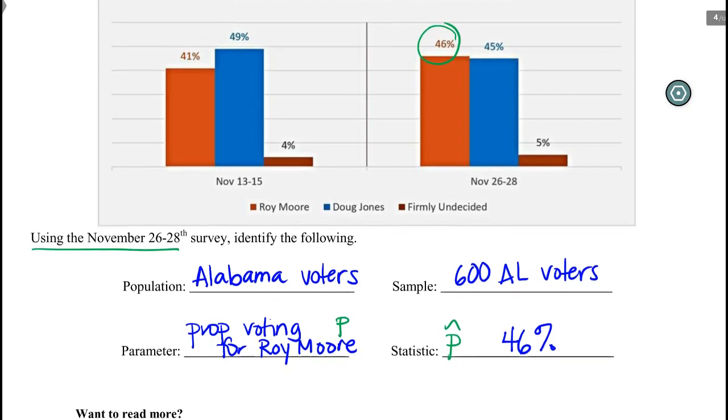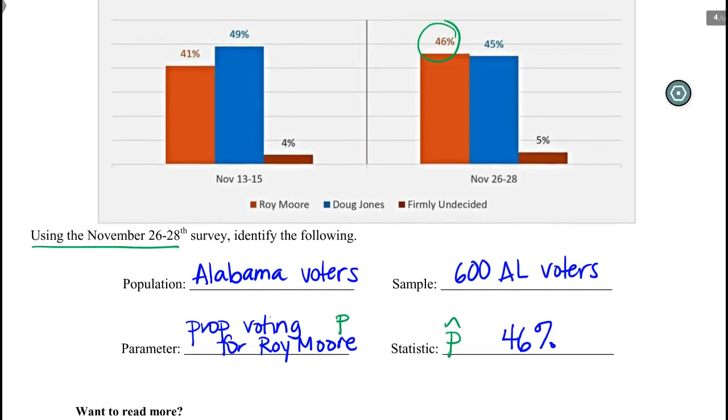In the end, the actual value, which a lot of times we do not actually have, we have to wait until after the poll, or sometimes we'll never have the value. It turned out that 48% of people voted for Roy Moore and 50% voted for Doug Jones, which is why Doug Jones won. But if you think about their margin of error at 4%, that is reasonable.